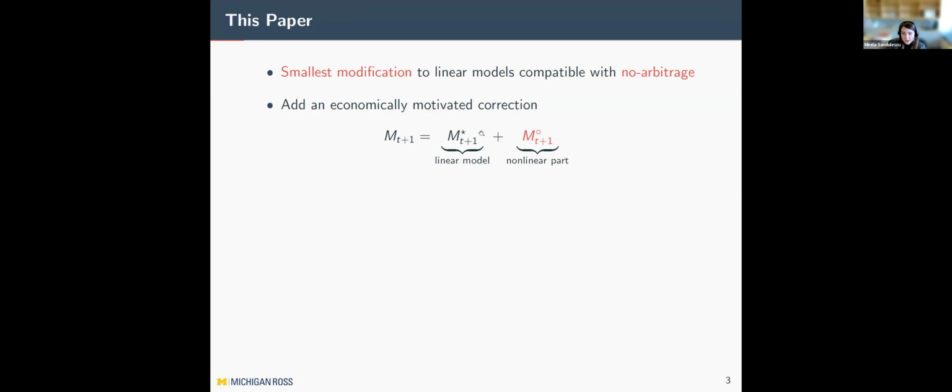We always want to benchmark against the linear model. So we are going to focus on polynomials of even degree that are going to be positive. You may be wondering why not simply have, for instance, an exponential model, which could ensure that the stochastic discount factor is always positive. Well, it turns out that this decomposition has some nice properties.